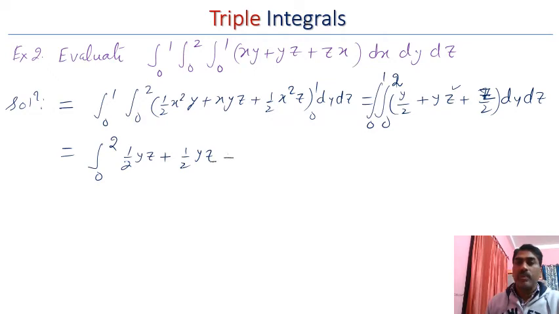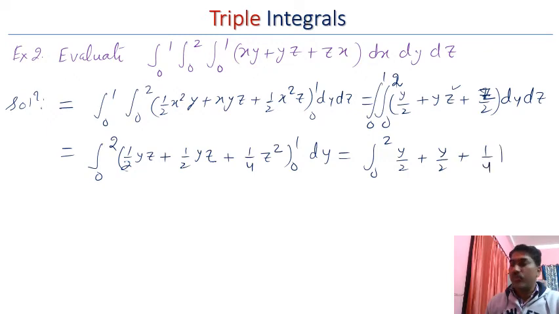So plus 1 by 4 z square, and the limit is 0 to 1 of z. So we will get the integral from 0 to 2 of y by 2 plus y by 2 plus 1 by 4, dy.